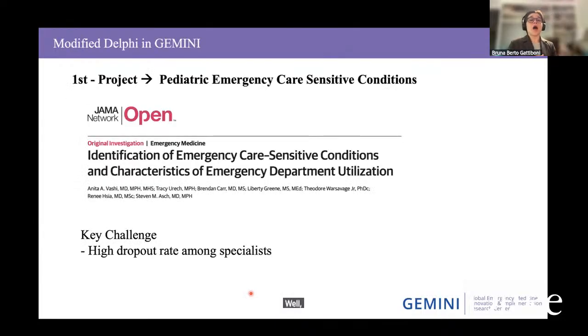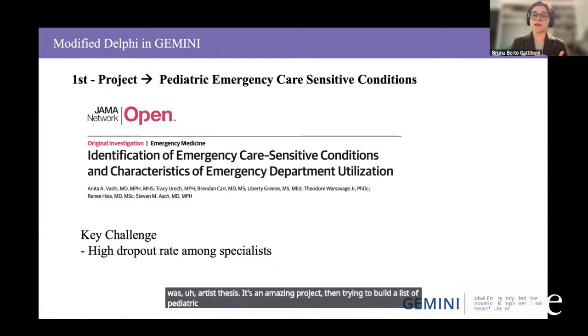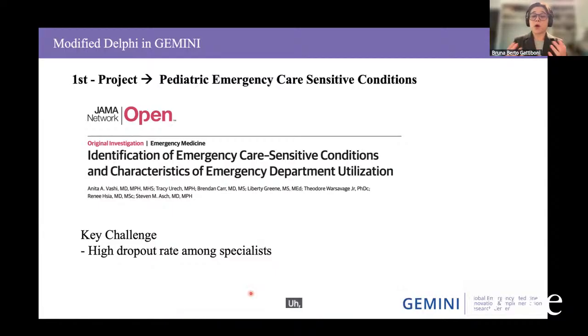Well, and how have we used the modified Delphi in Gemini? We have this first project, which was a thesis. It is an amazing project, trying to build a list of pediatric emergency care sensitive conditions. This project was inspired by this article from Bashi, but our key challenge here was the high dropout rate among the specialists.